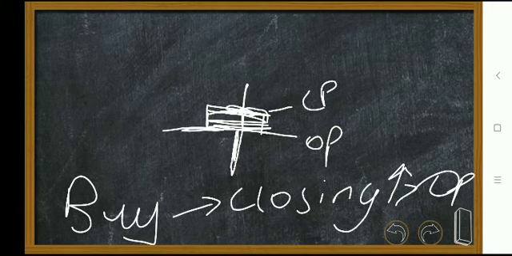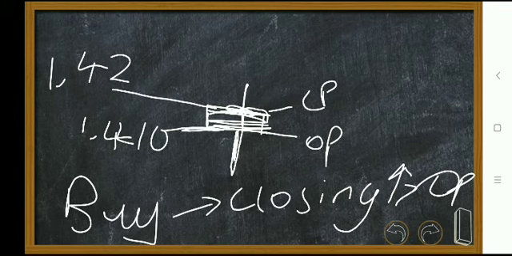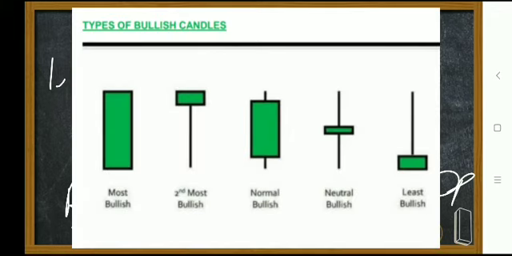Let's say the opening price was 1.4210, then the closing price was 1.4220. You can see that the closing price is higher than the opening price by 10 pips. So this is a buy.